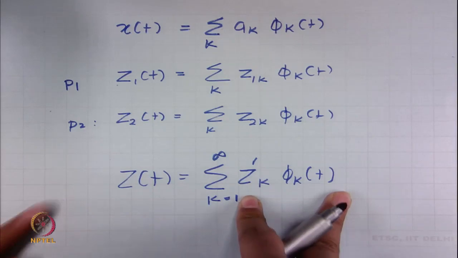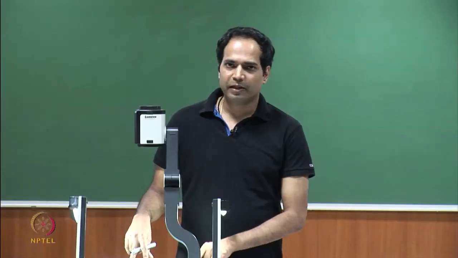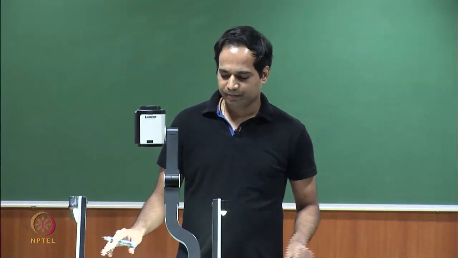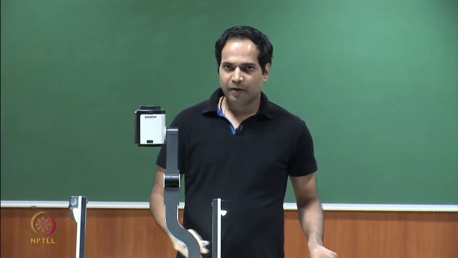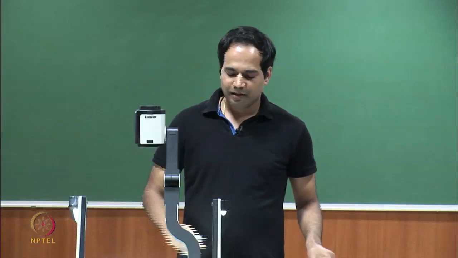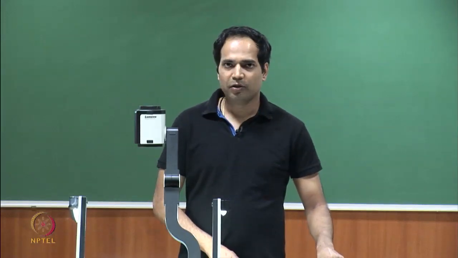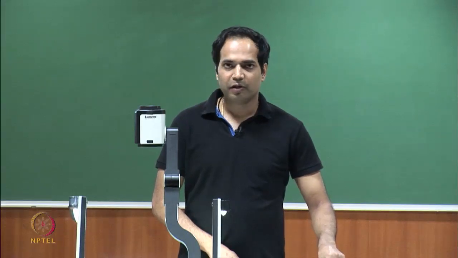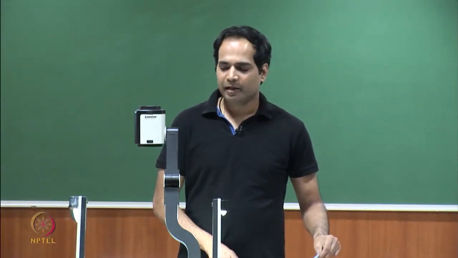For most of the processes that we assume, this summation will always converge. We will see again and again that this idea of expressing a random process in terms of orthogonal functions is a very useful idea, and it simplifies almost everything.